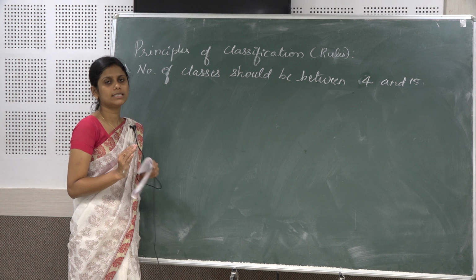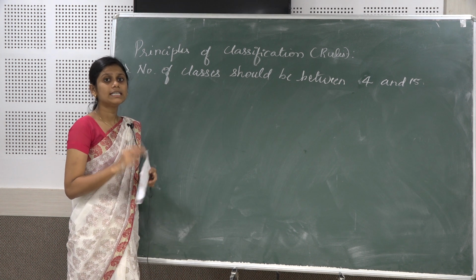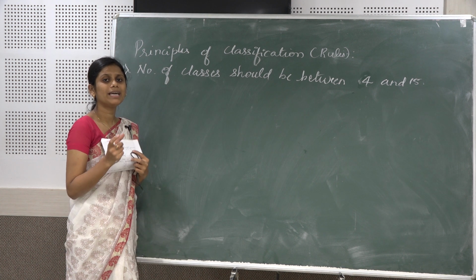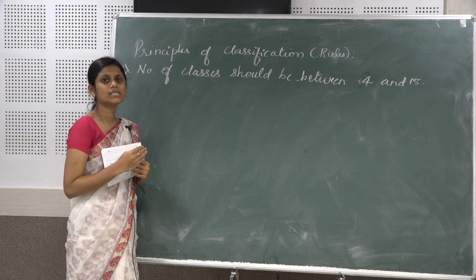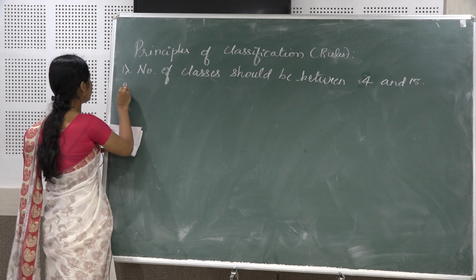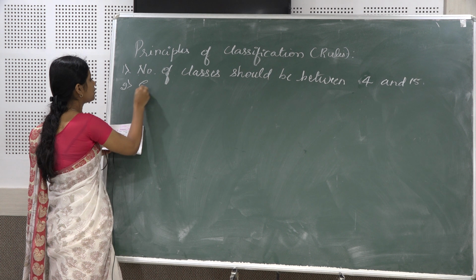Minimum 4 classes should be there. If it is less than 4, then it is not effective to form the continuous frequency distribution. By reducing the width of the class, you have to make sure that the number of classes will be minimum 4 and maximum 15.